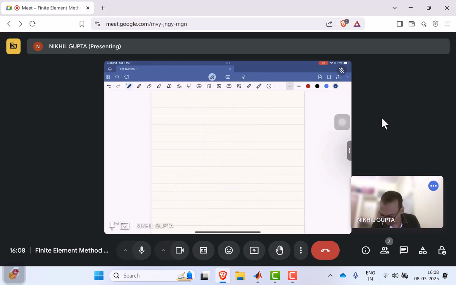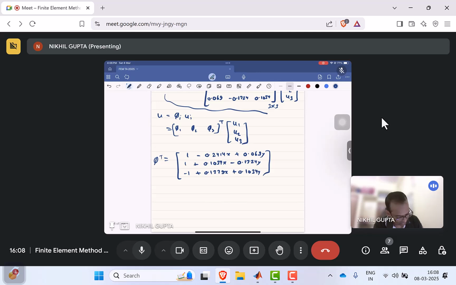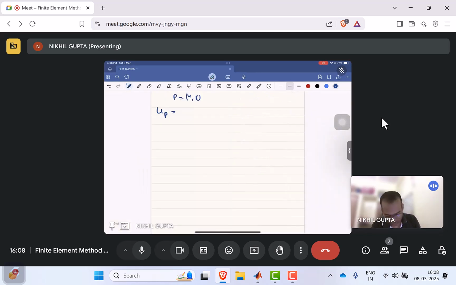So now we'll put the value of P as 4, 6 in this equation. x y z means x and y, not z.